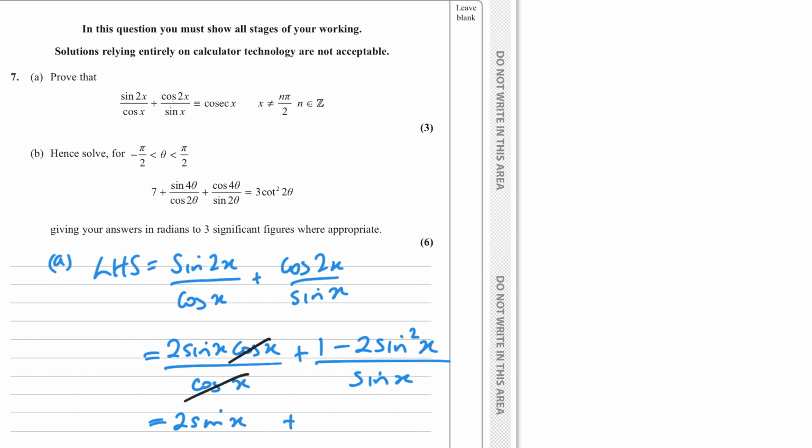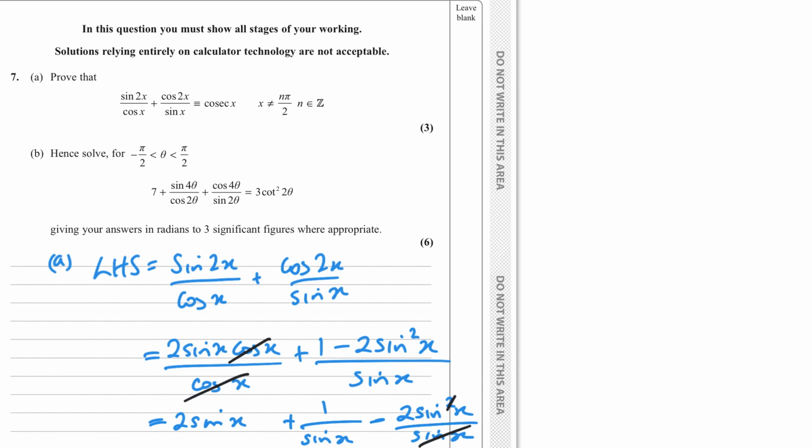Now when I look on the right, I'm going to split these up. So 1 over sine x here minus 2 sine squared x over sine x. And one of these sines will cancel there. Oh, now look, I've got 2 sine x and I've got a minus 2 sine x. Those are going to cancel with each other, aren't they?